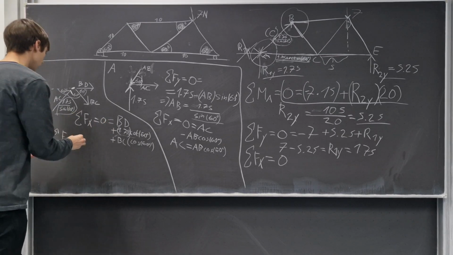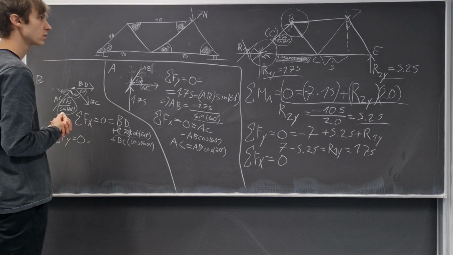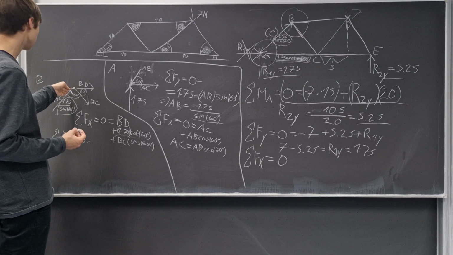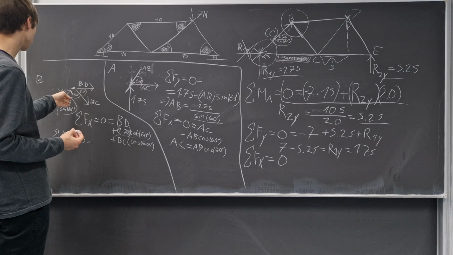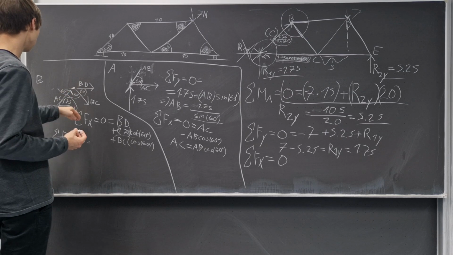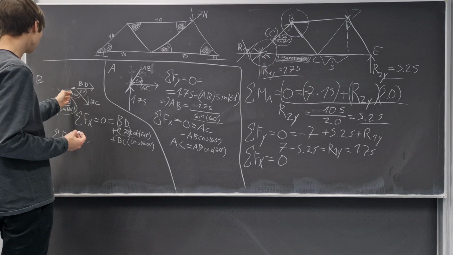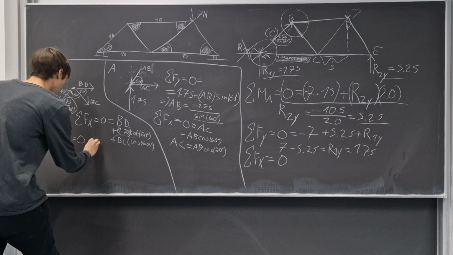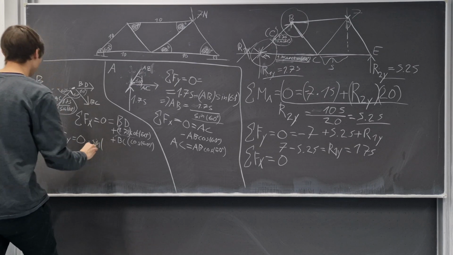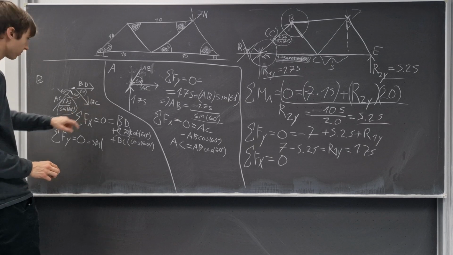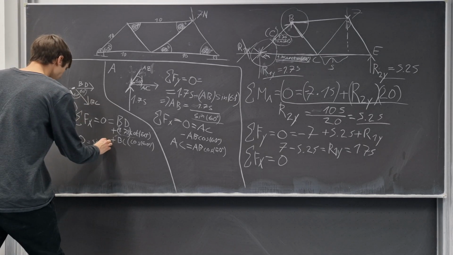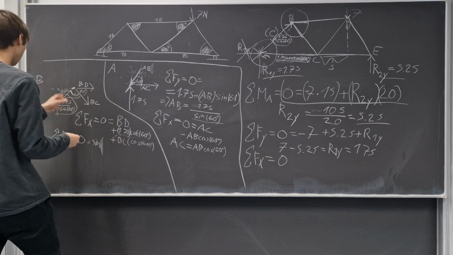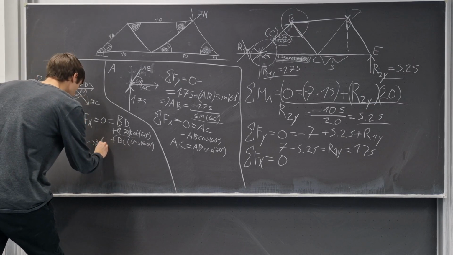Well, it will be cosine times AC, and the only thing that will go against it will be the sine of BC. BC is probably guessed right here. So sine of the angle at AC times AC, so sine of 60.